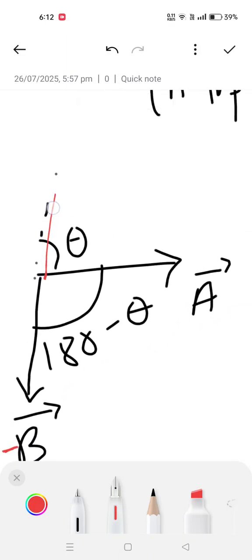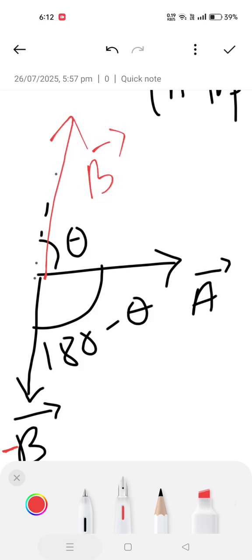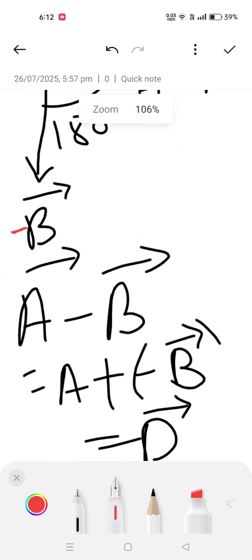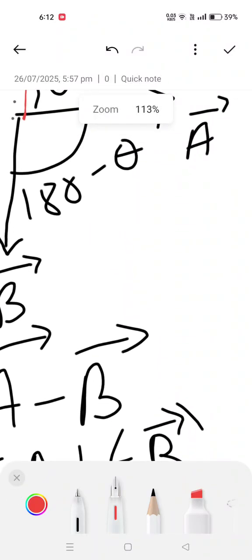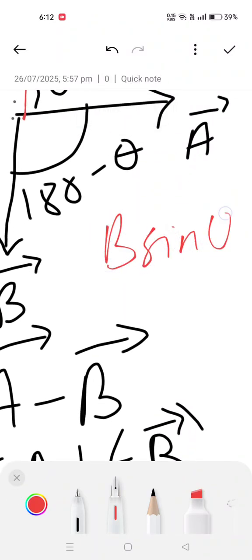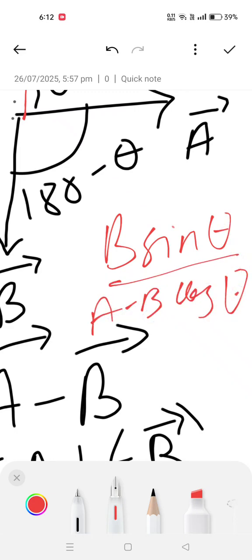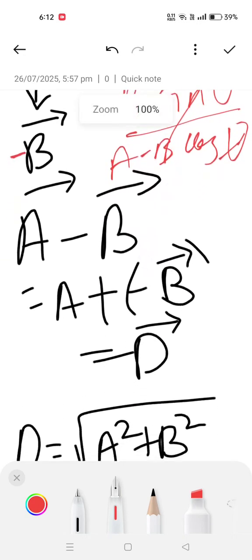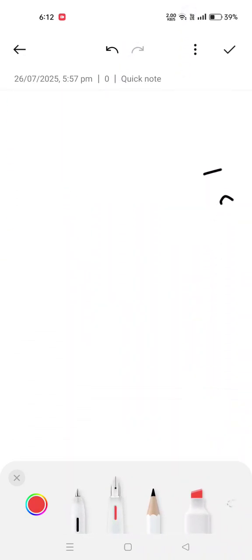Plus of vector b is like this, but we have turned it, so it is minus of vector b. Now here tan alpha will be the same, b sin theta by a minus b cos theta, whereas there it was plus b cos theta.